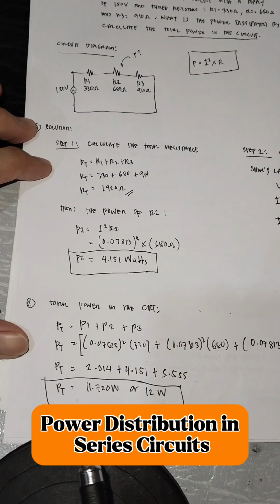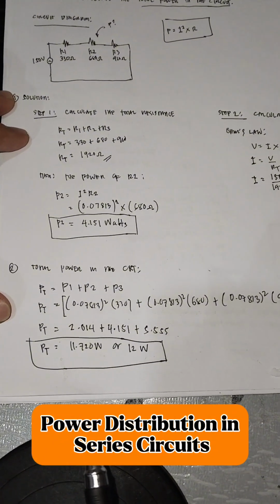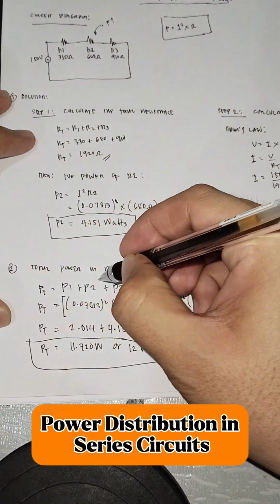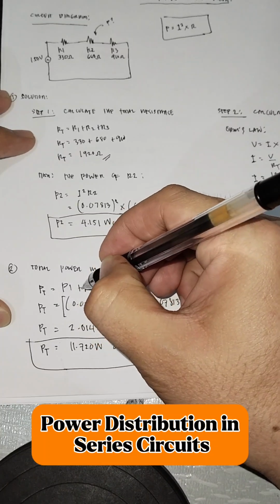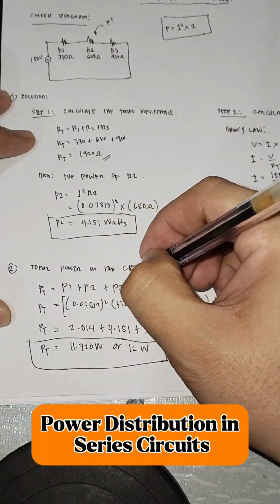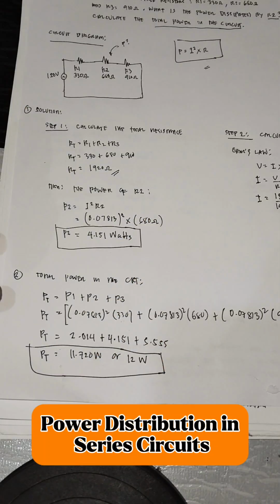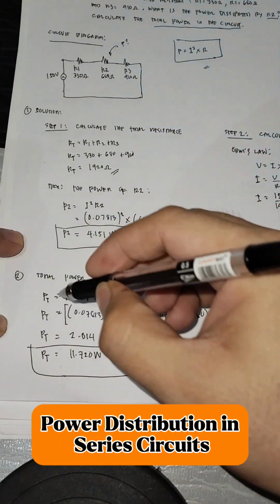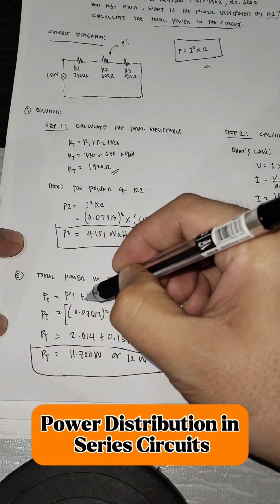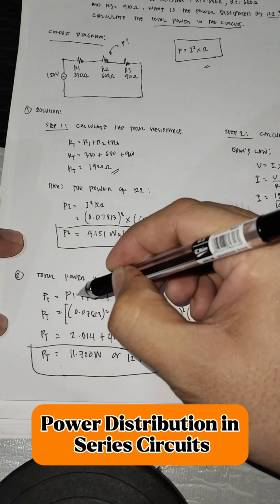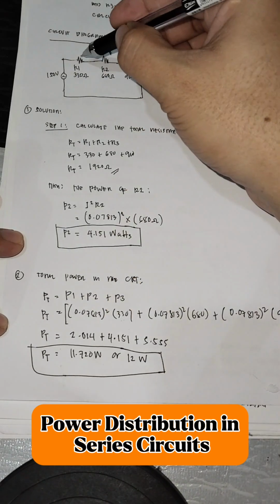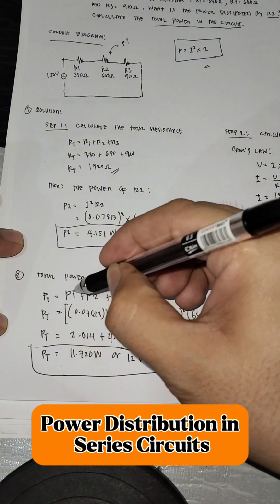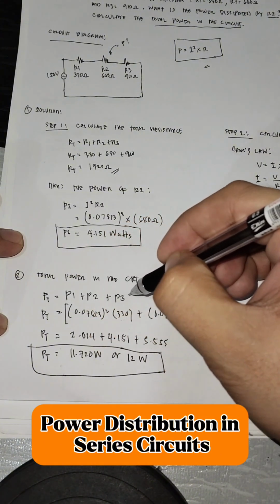So total power is equivalent to P1 plus P2 plus P3. So for the total power in the circuit, we just add the individual power of each resistor. So P1 plus P2 plus P3.